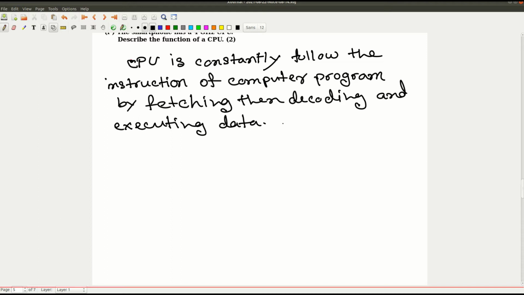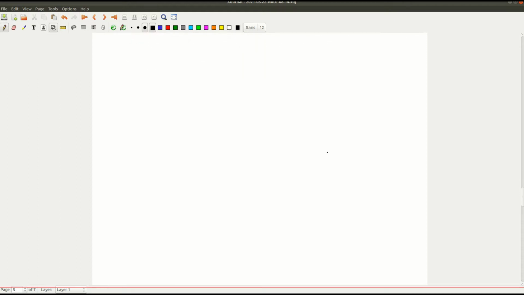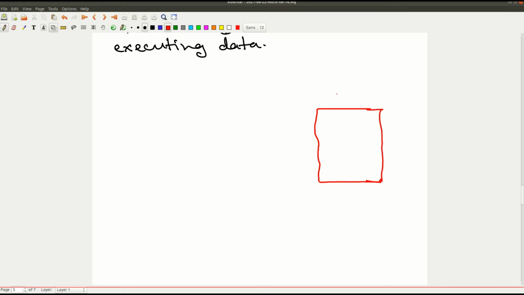So I'll just give you in short, okay. In our computer we have a main memory which is a RAM. Suppose this is the RAM.